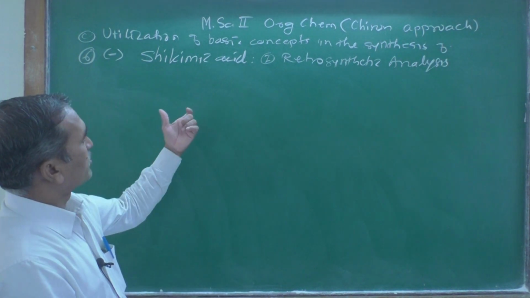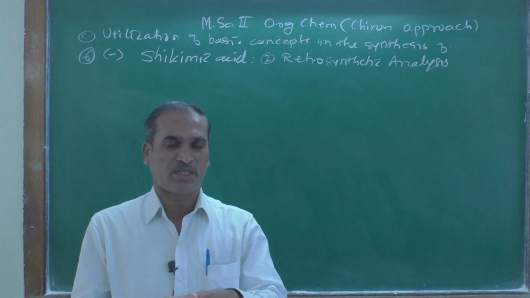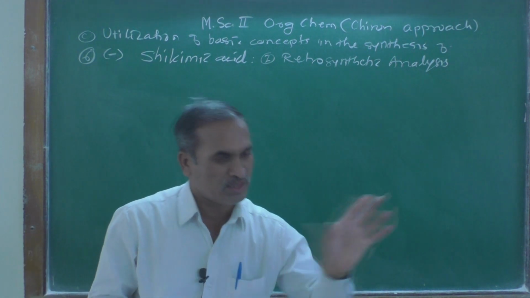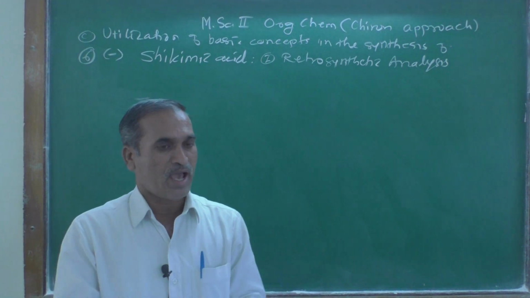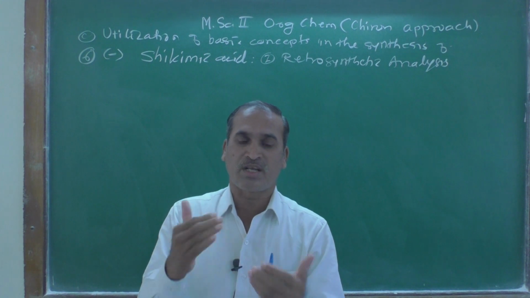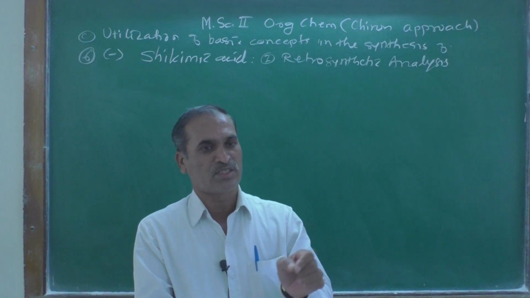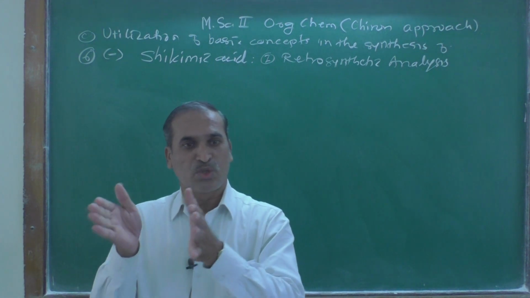The first one is retrosynthetic analysis. It is a term used in retrosynthesis, and retrosynthesis means an imaginary but logical reverse chemical reaction which helps us to reach the reactant starting from the target molecule.